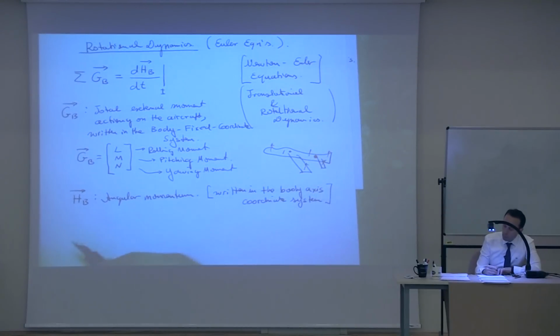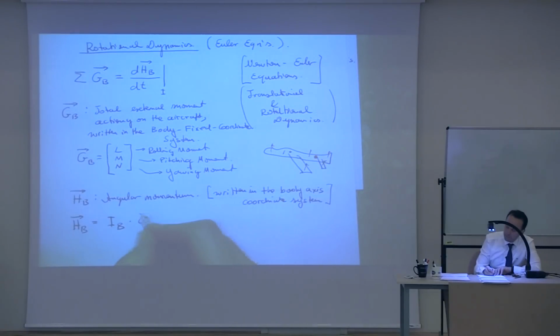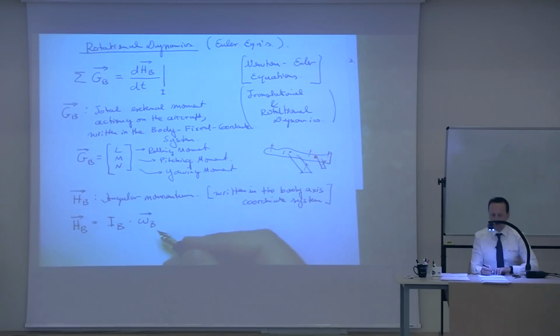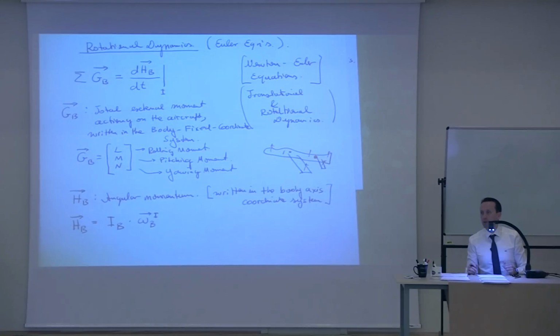So, what is the angular momentum? Let me write that. HB, the angular momentum, is the inertia matrix, again written in the body axis system, times omega, which is the angular velocity of the aircraft, written in the body axis system, but the angular rotation is with respect to an observer in the inertial space.